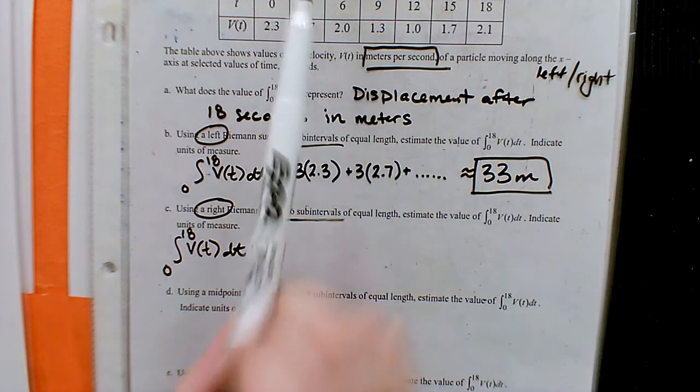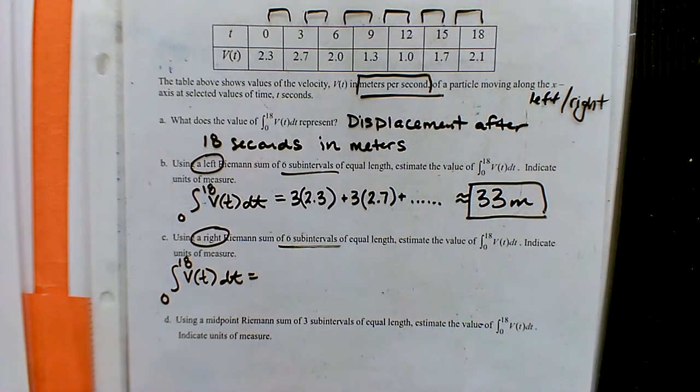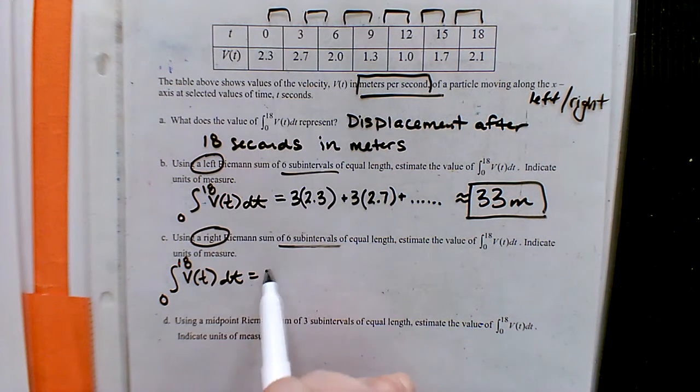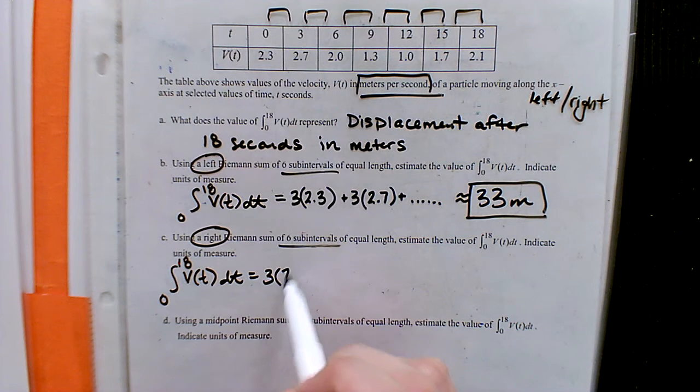All right, so if you look at your table, we're still going to use the 6 little sections I drew at the top. But this time we want to use a right endpoint height. So our first rectangle has a base of 3, and the right endpoint has a height of 2.7.